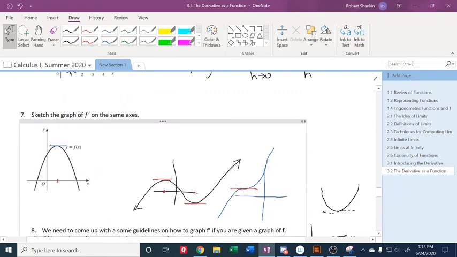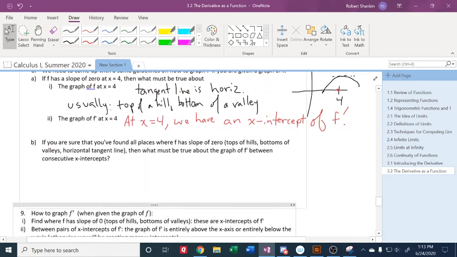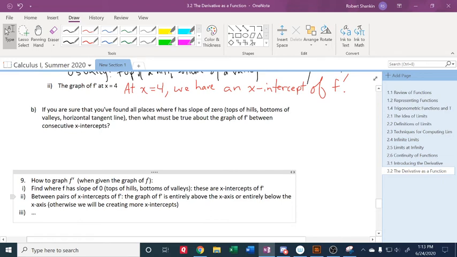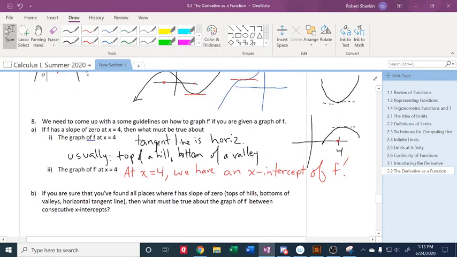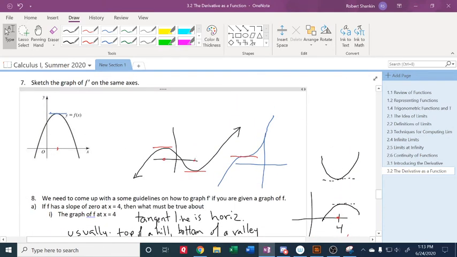It could be this strange case that has a horizontal tangent line like that. But most of the time it's tops of hills and bottoms of valleys. Then what must be true about the graph of f prime between consecutive x-intercepts? Now, let's look at, so would that mean that it's half of the x-intercepts?